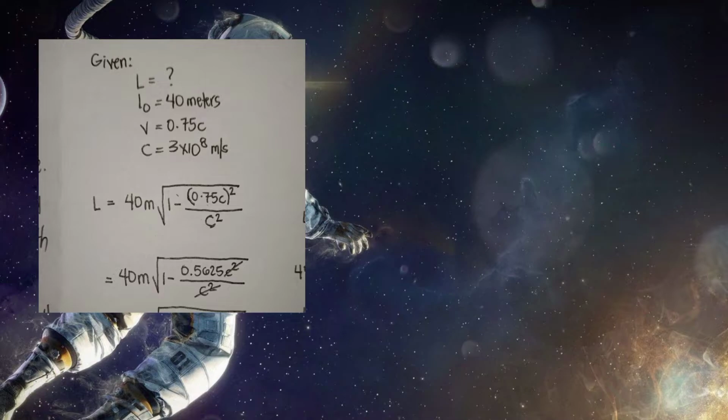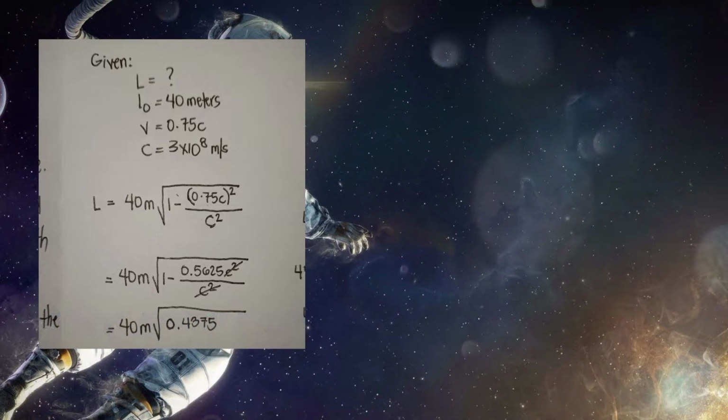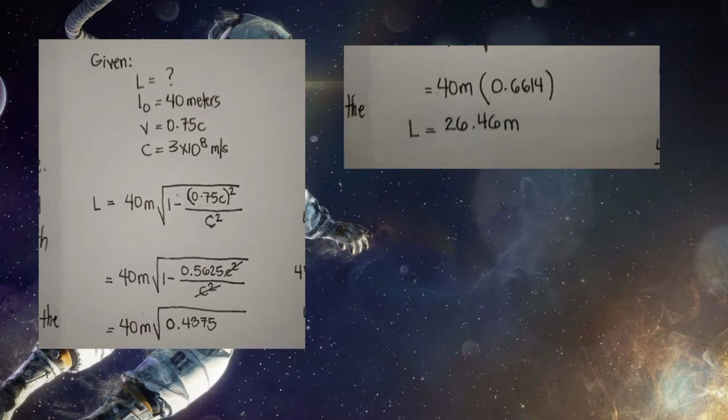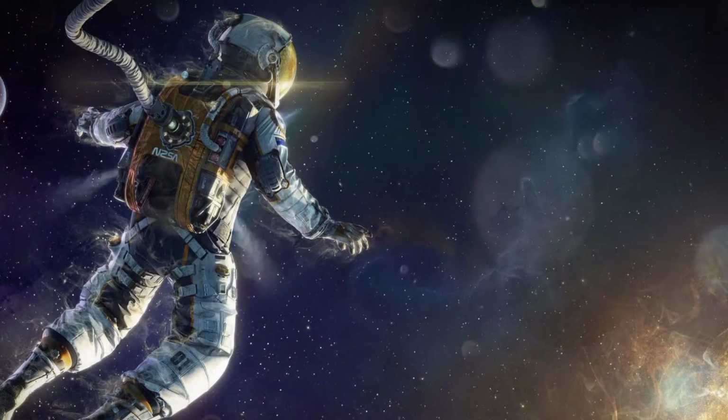We have now 1 minus 0.5625 is equal to 0.4375. The square root of 0.4375 is equal to 0.6614. 40 meters multiplied by 0.6614 is equal to 26.46 meters.